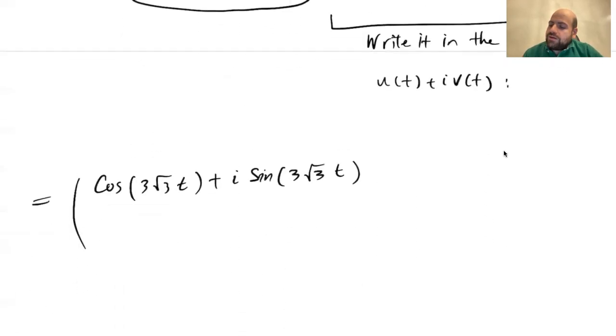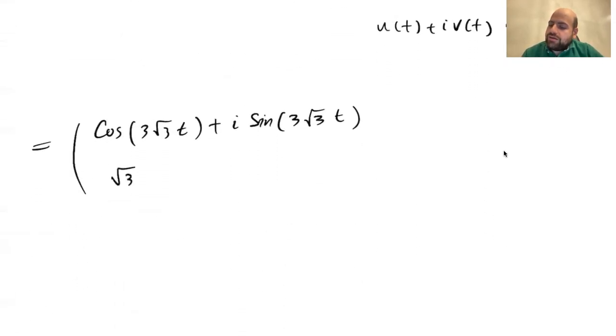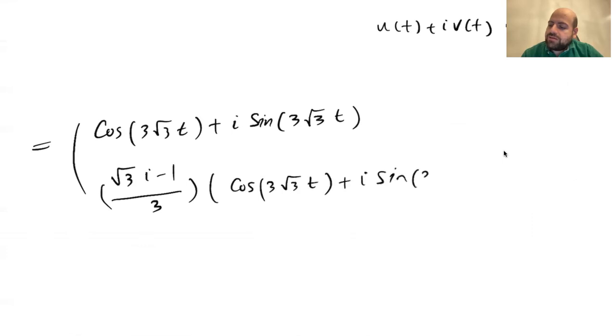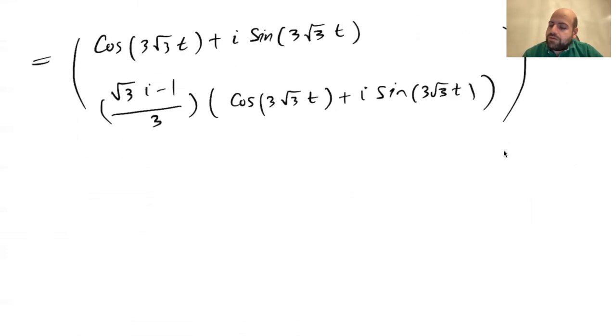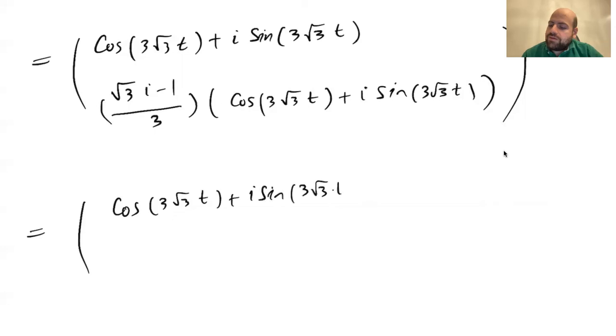And then the other one, I need to multiply (root 3 i minus 1)/3 times cos 3 root 3 t plus i sine 3 root 3 t.